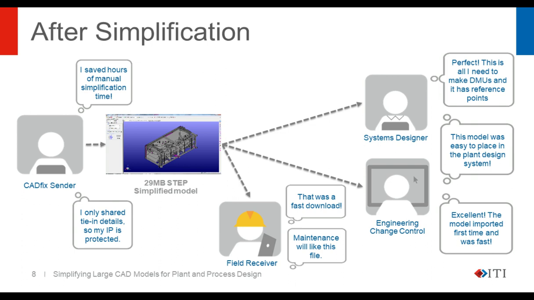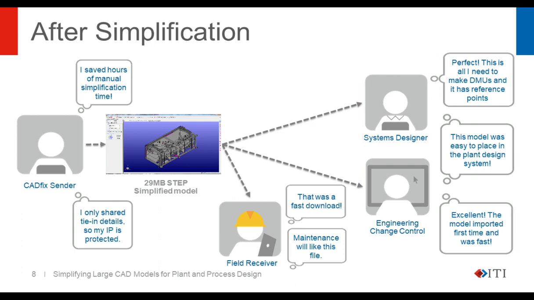And just looking at that back on the schematic view, we've now got a sender of the data who's got, instead of an 800 megabyte step file, a 29 megabyte step file of the simplified model. And that file is now much easier to distribute to the same receivers or consumers of the data.